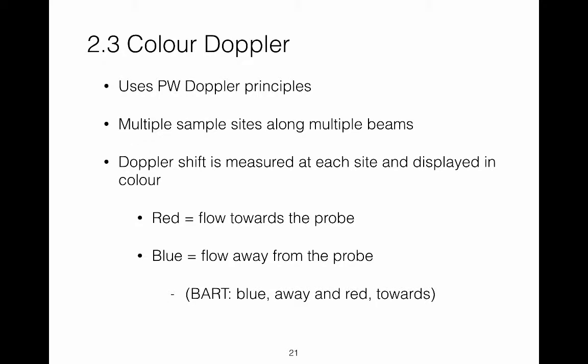Color Doppler. Color Doppler uses pulsed wave Doppler principles. However, color Doppler imaging involves multiple sample sites along multiple beams. The Doppler shift is measured at each site and displayed in color.